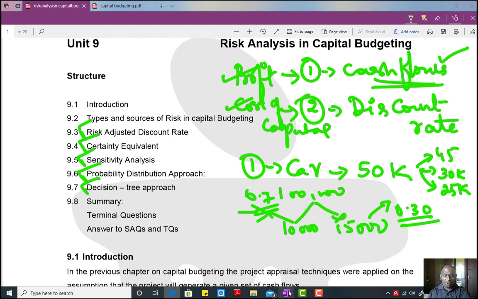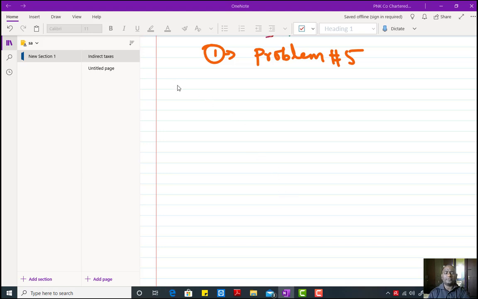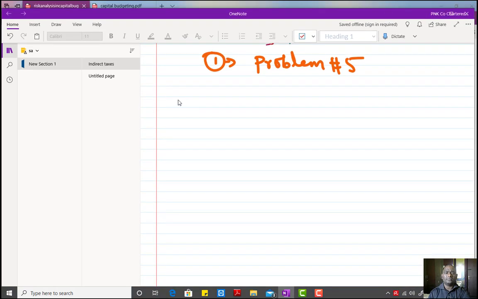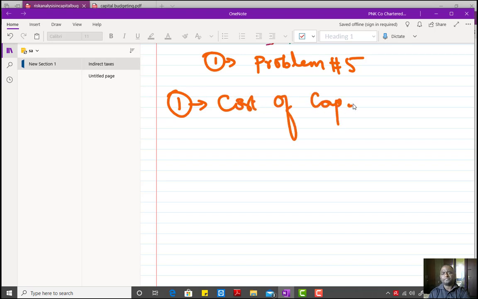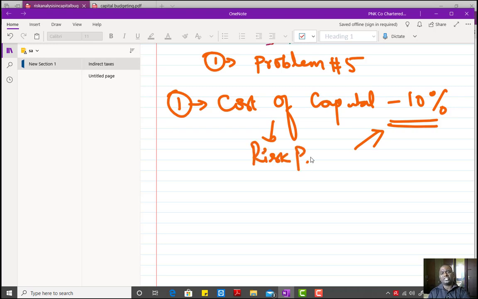Now, in all the problems, when a capital budgeting problem is given, the cost of capital is, let's say, 10%. If it is given that the cost of capital is 10%, what we have to see is whether some risk premium is adjusted to this cost of capital.